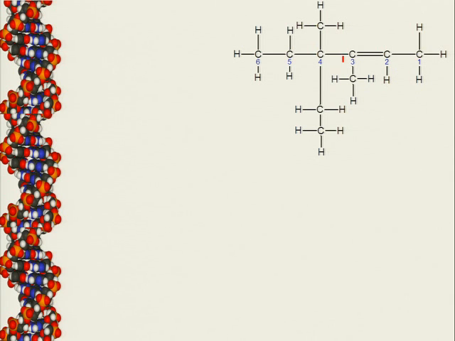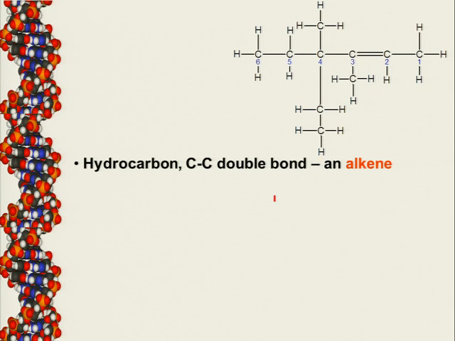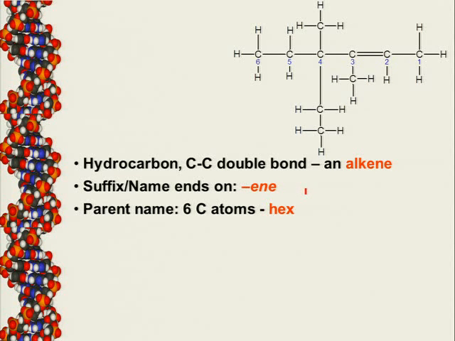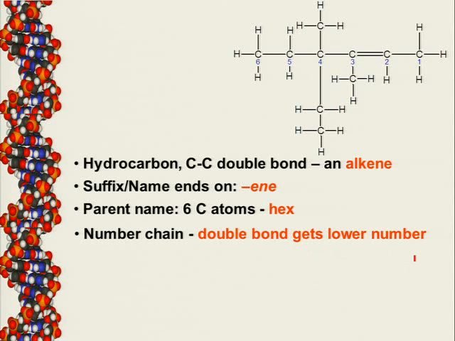This has a double bond, so it belongs to the homologous series of the alkenes. Therefore, my suffix for the name will end with ene, and it has 6 carbons, so my parent name will have hex. I've got a double bond after carbon number 2, that's my lower number.